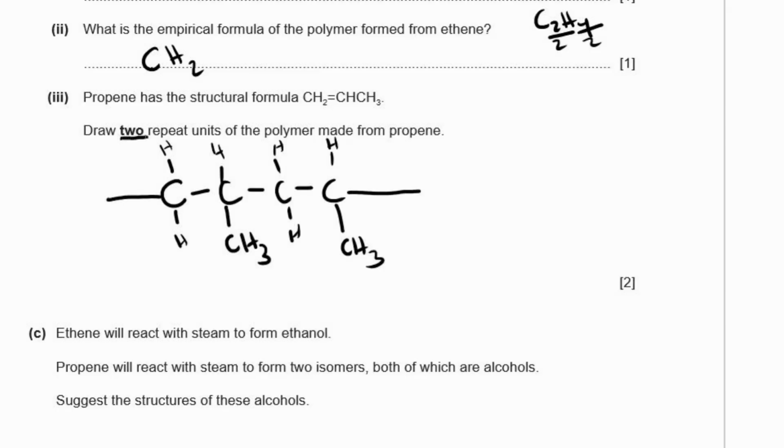This says 2 repeat units. That's repeat units, which means you don't draw the little square brackets with an N around it. If the question had asked for a monomer, you would draw it so you have the same sort of thing. You'd only draw 1 molecule. You'd say C, to the long line there.